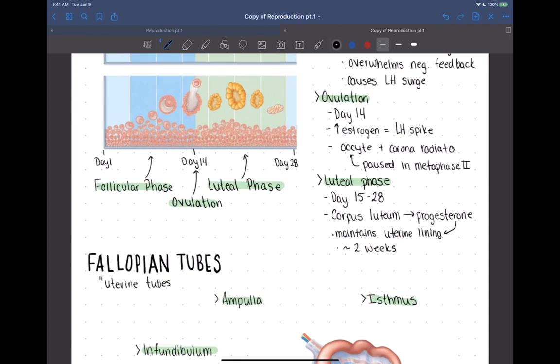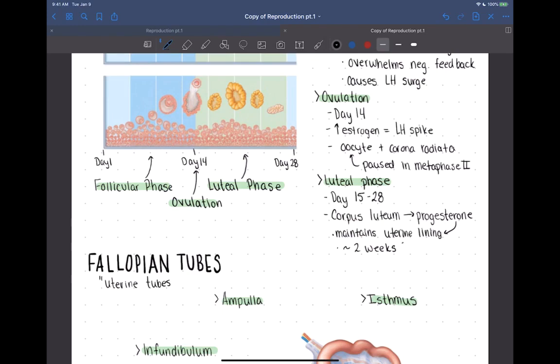After that, if the egg is not fertilized, and we'll get to what happens if it is, that corpus luteum becomes this structure called the corpus albicans. It doesn't produce progesterone anymore.